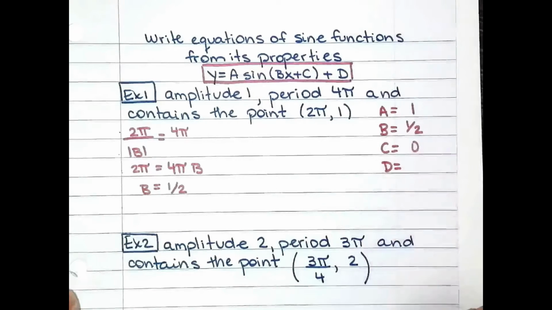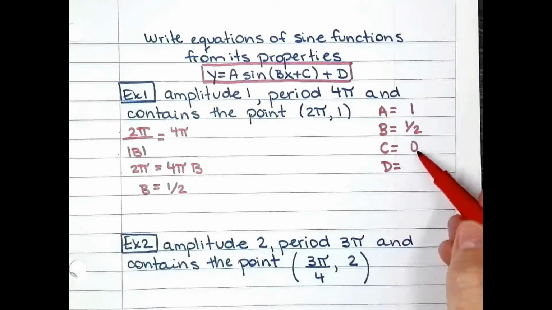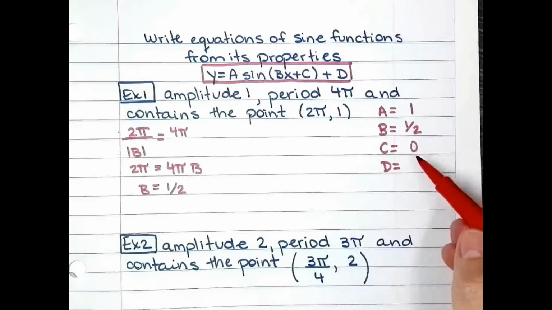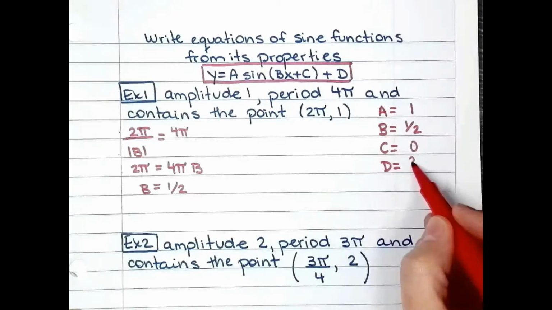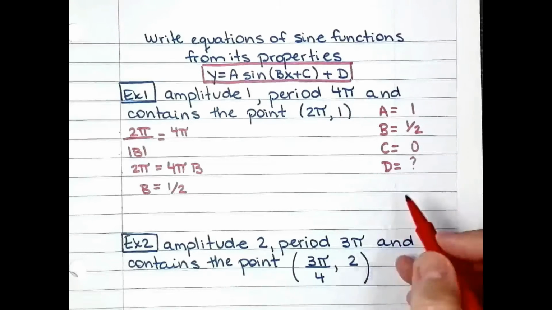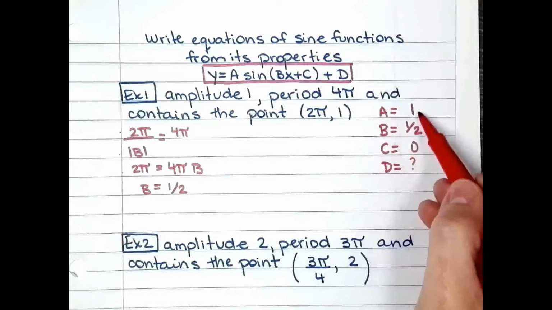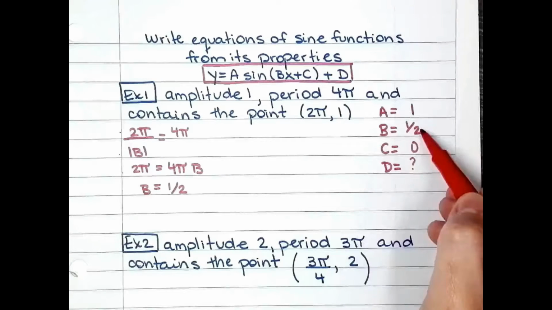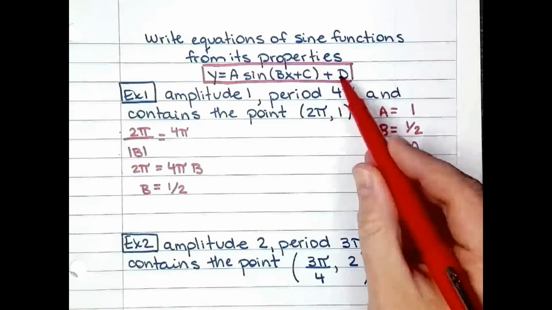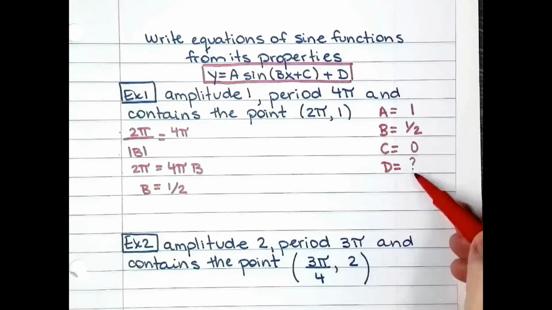I will show you an example when c definitely cannot be 0. So we can find d and then write out our function. From here, I have a, b, c, and I'll plug everything in so I can find d.